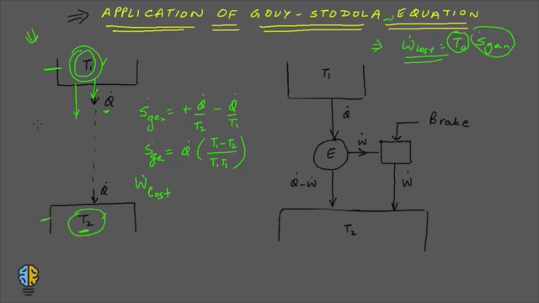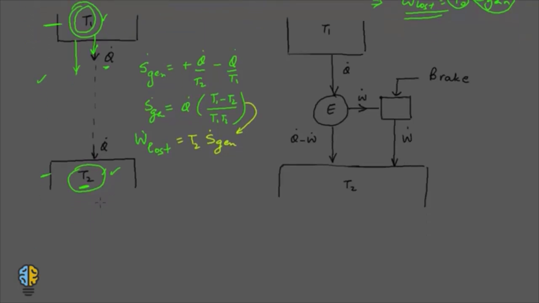In this particular case, the surrounding temperature is T2, so this will become T2 into the rate of entropy generation. If you put this value over here, you will get W lost is equal to Q dot into T1 minus T2 upon T1. So this is the value of the work lost in this case.